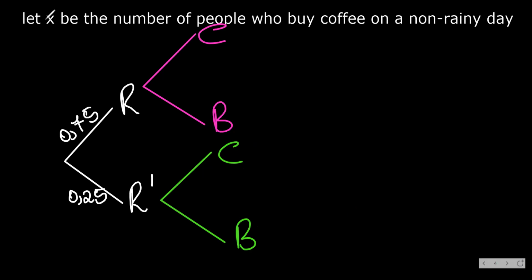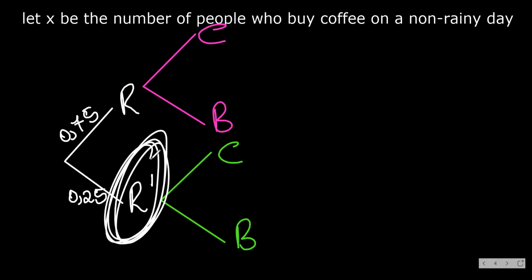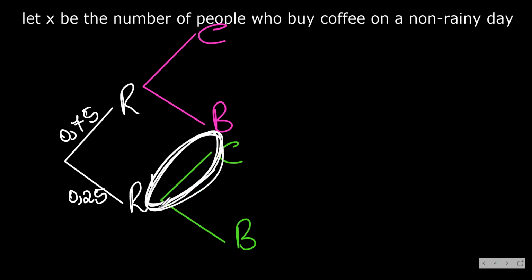Now, I just said X is the number of people who buy coffee on a non-rainy day. Think of it. It's not raining, and therefore the number of people who buy coffee will be X. So then, what's the probability that coffee will be bought on a non-rainy day? It will be X over 120.